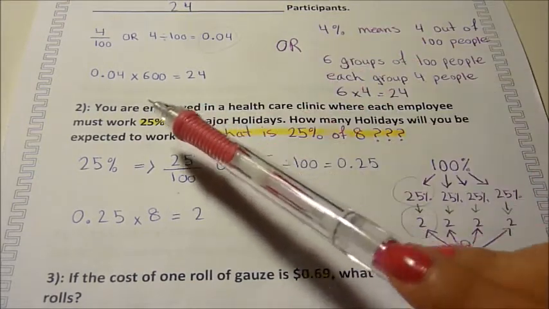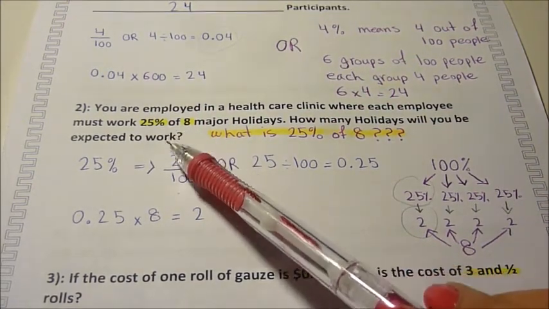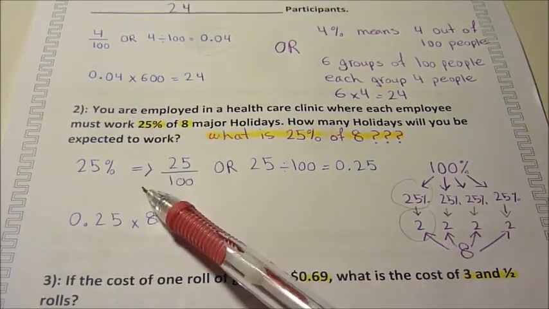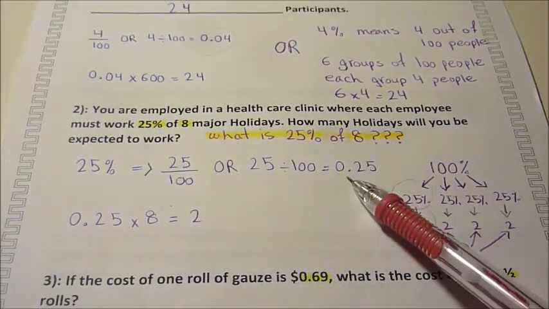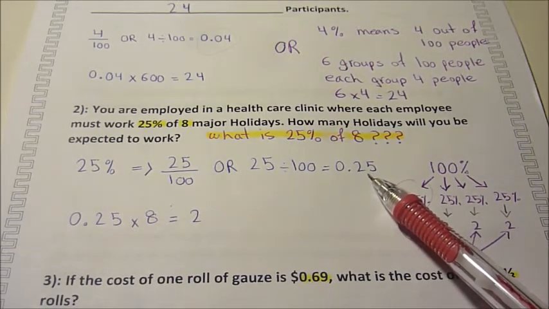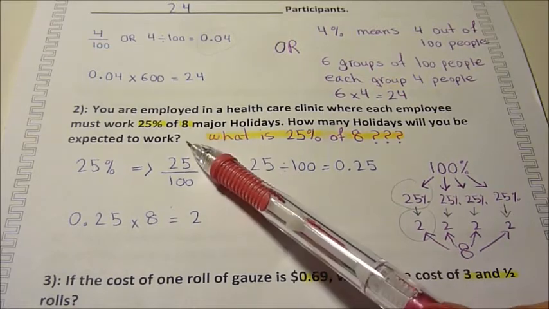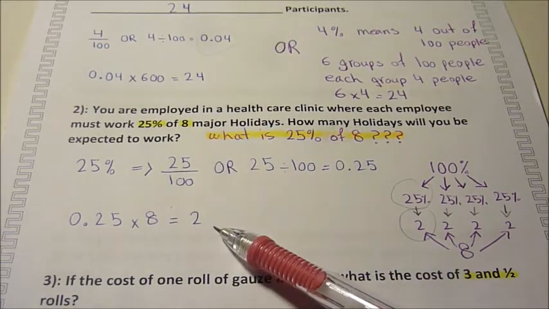You have to convert 25% to a decimal number, which means you divide 25 by 100 and it will give you 0.25. Then you multiply that 0.25 by 8, which will give you 2.